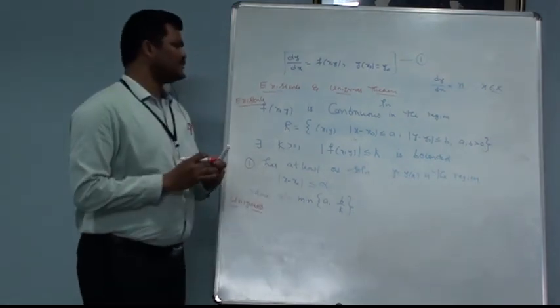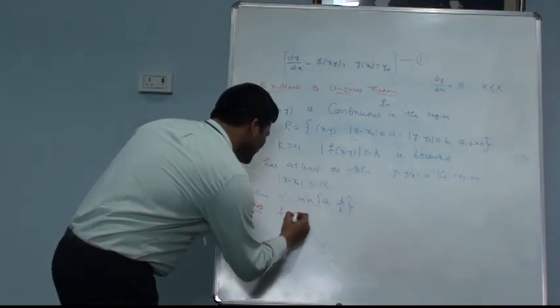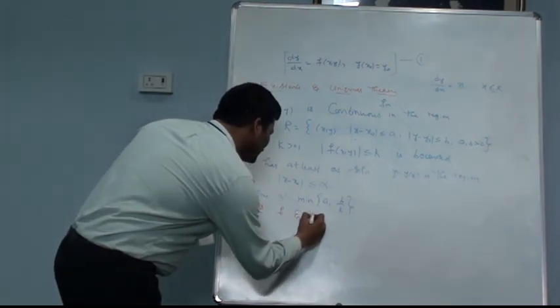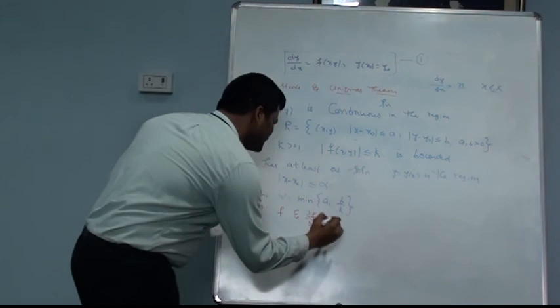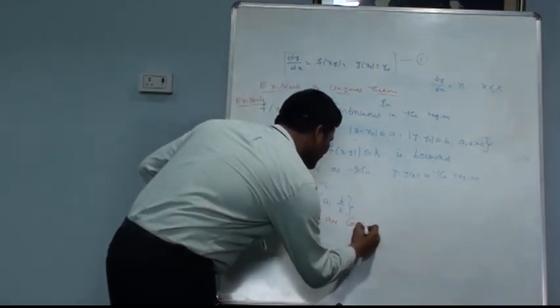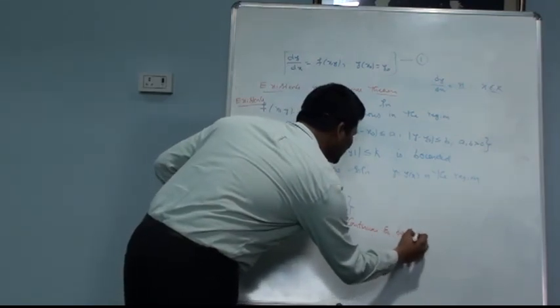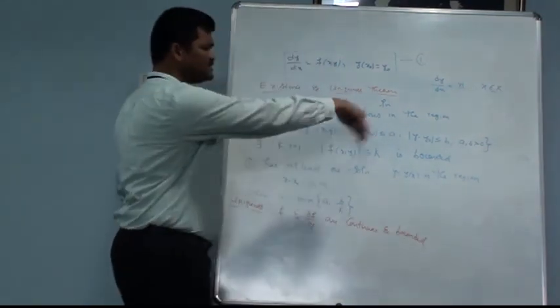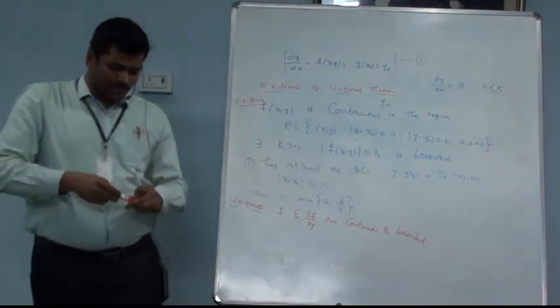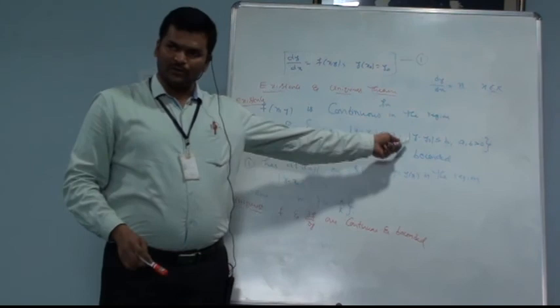In the uniqueness theorem, the extra condition is that f and dou f by dou y are continuous and bounded. This is the only extra condition.